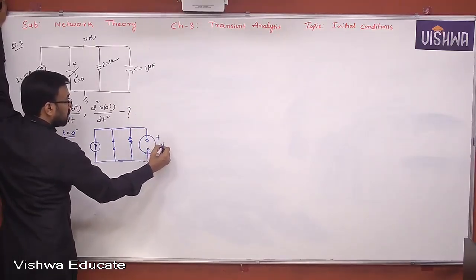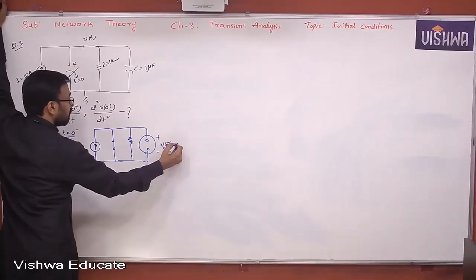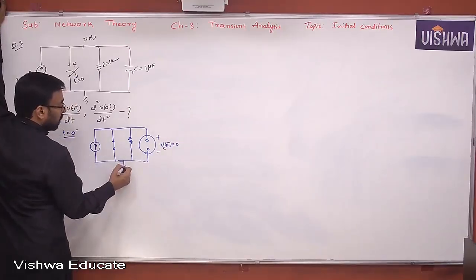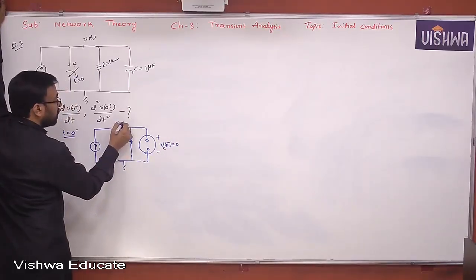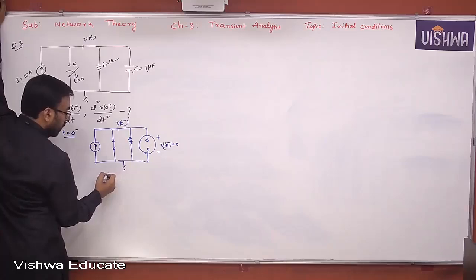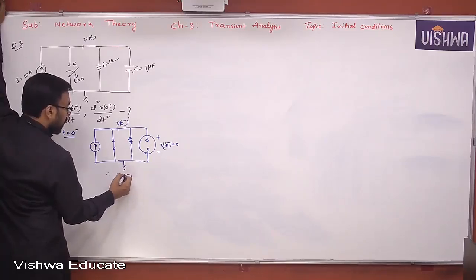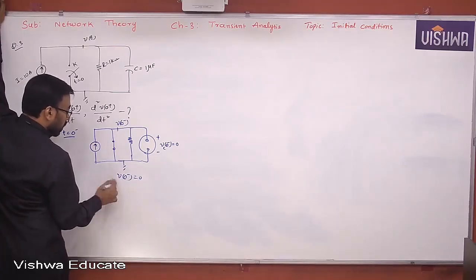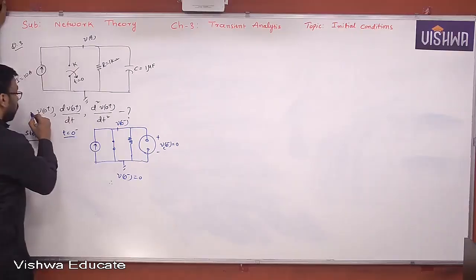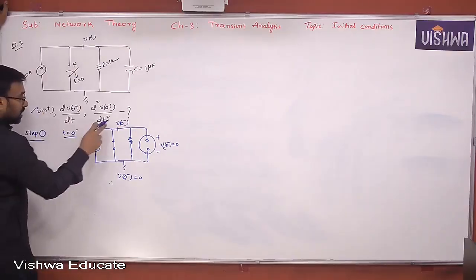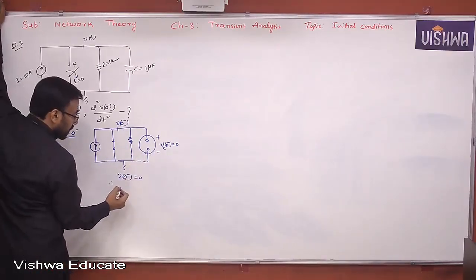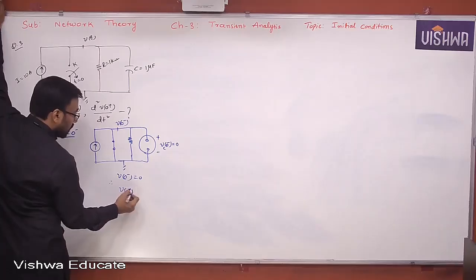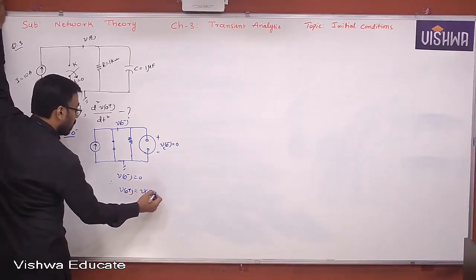Vc of 0 minus is 0. But here, V and Vc of 0 minus are both the same. Therefore, V of 0 minus is 0 and you already want V of 0 plus, and V is the voltage across the capacitor. I can say V of 0 plus is equal to what? V of 0 minus, which is nothing but 0.